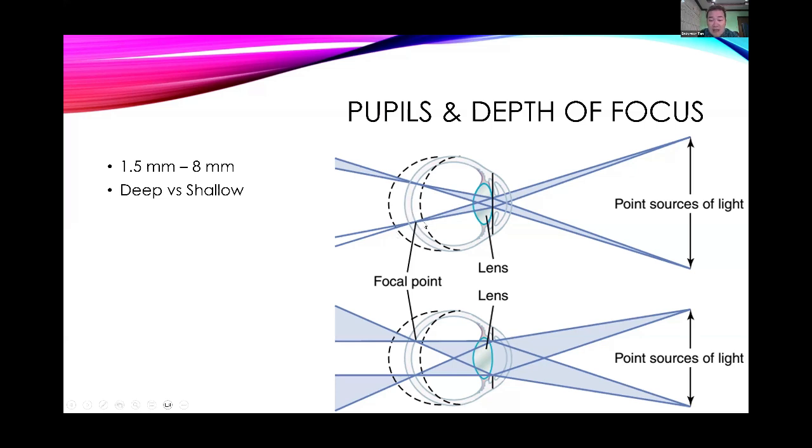So whether this is anterior, middle, or posterior, that image will fall on this focal point, because regardless if the retina is anterior, middle, or posterior, it is in the focal point. Therefore, the image is very clear.